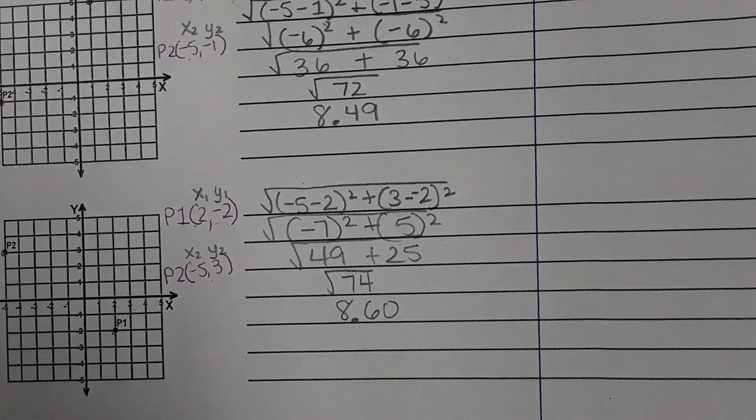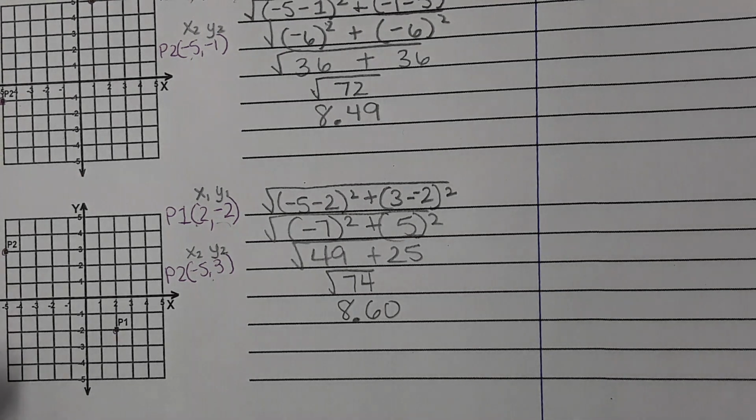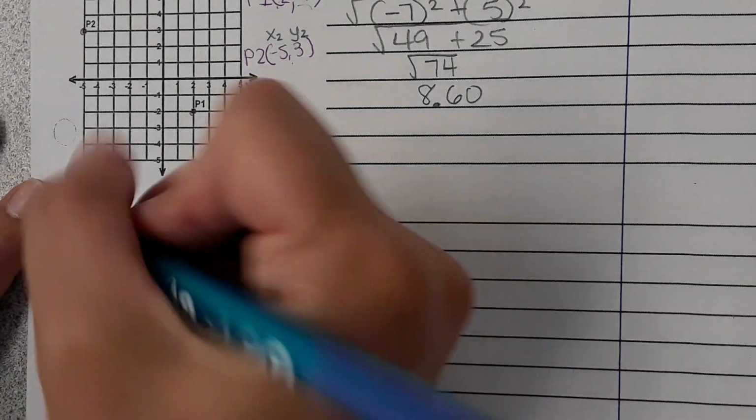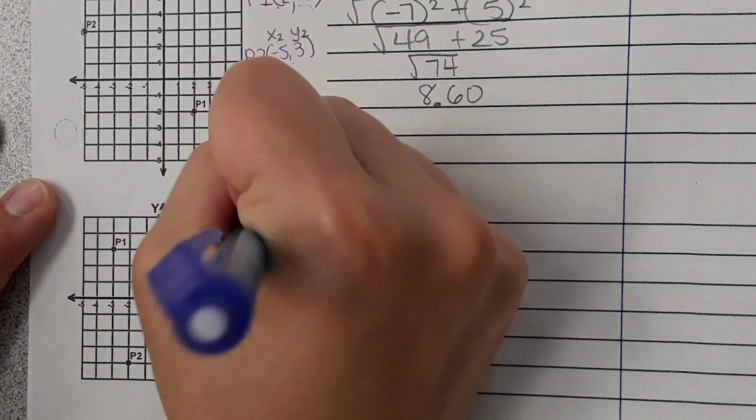Okay, ready for the next one? Not quite. If you're feeling confident and you want to work ahead, you're more than welcome to. Okay, next one. Again, I'm identifying my points.